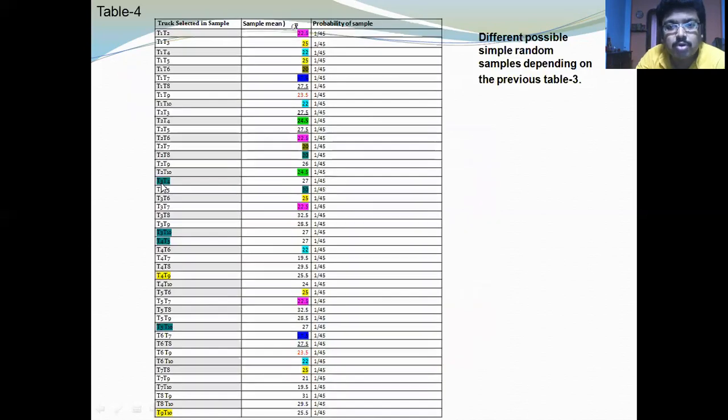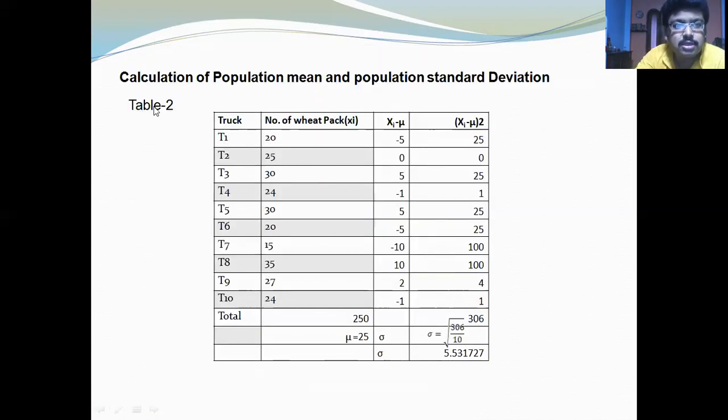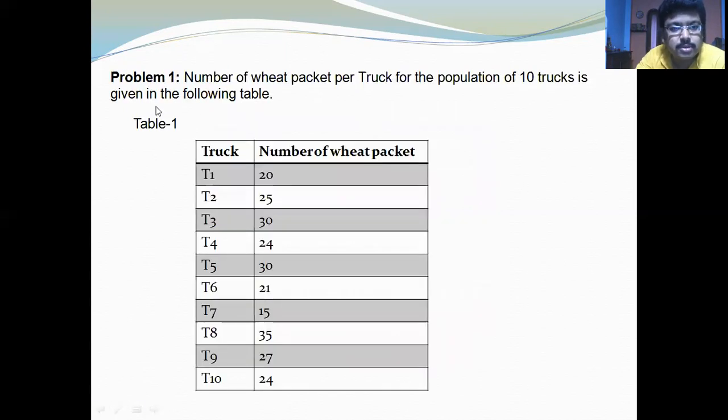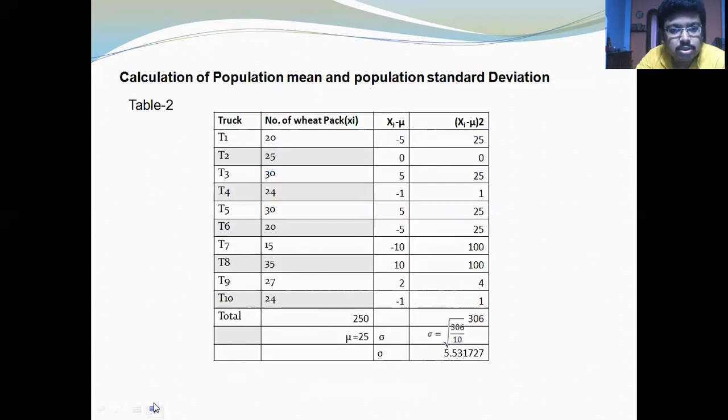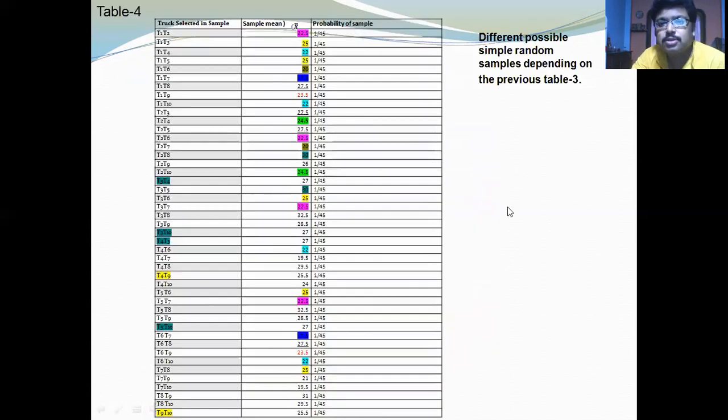Now this column represents the different possible simple random samples, depending on the previous table, table 1.